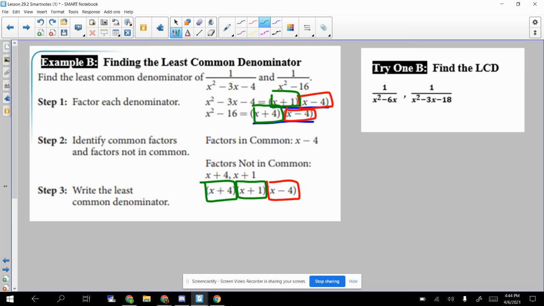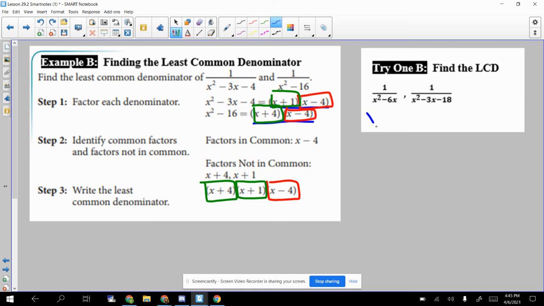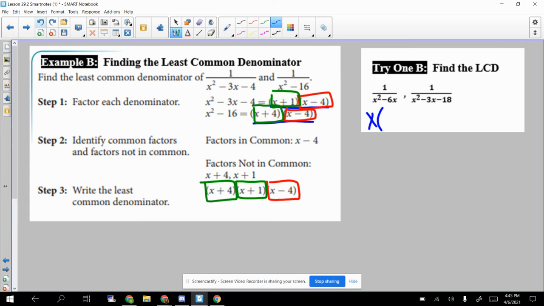Okay, so that's really important to notice there: basically you just don't rewrite any of your factors in common, but you do write all of your factors not in common. Okay, so let's try another one here. Again, first thing you would do is factor. So I would take out an x here, factor the denominators, and I would be left with x minus 6.